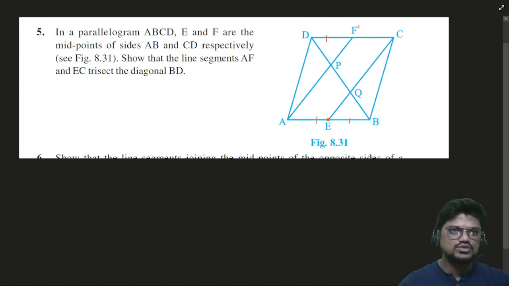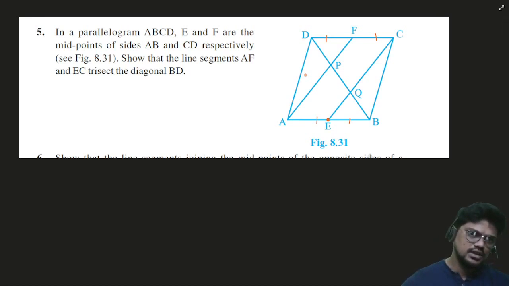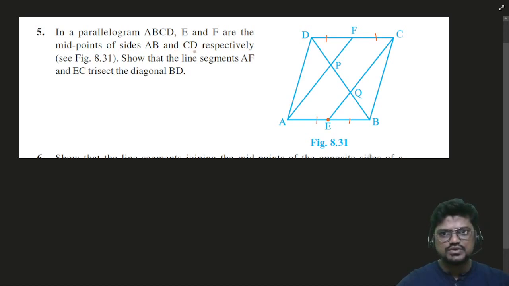So AB is equal to DC, and if this is the midpoint and this is the midpoint, all these distances will be equal: AE will be equal to EB will be equal to DF will be equal to FC. Show that the line segments AF and EC trisect the diagonal BD. So that means this is equal to this. That's what we need to prove.